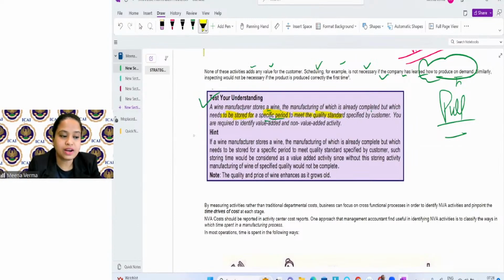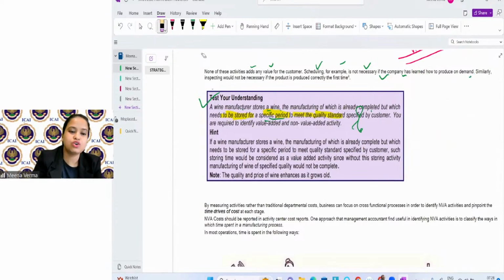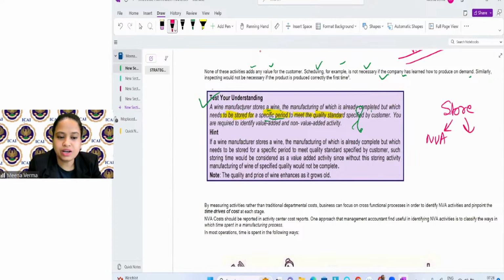So they're asking, tell whether it is a valuated activity or a non-valuated activity. The point is that we have learned storage is a non-valuated activity. We have learned when we store the inventory, it's a non-valuated activity. But here, storage is required for the fermentation.